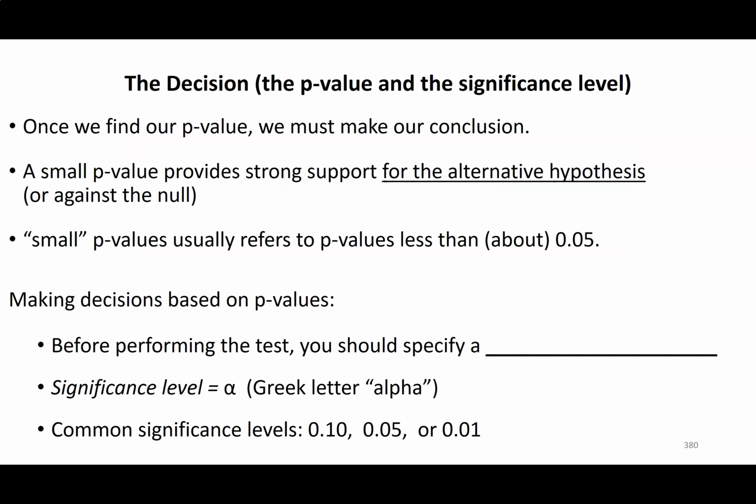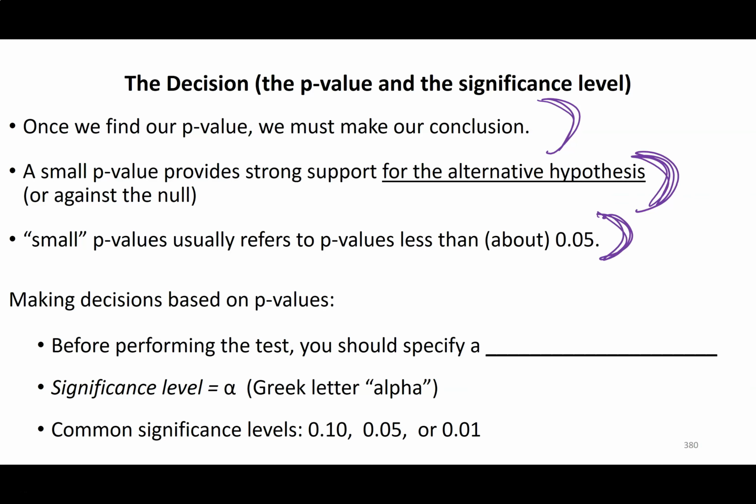So when we make our decision, we make it typically based on the value of our p-value compared to a significance level. In general, our p-value is going to tell us how strong our evidence is against the null / for the alternative. So we usually like to say that our p-value provides support for the alternative.